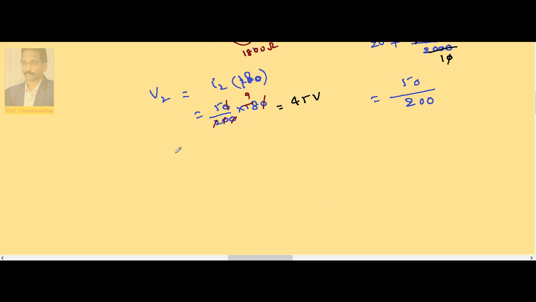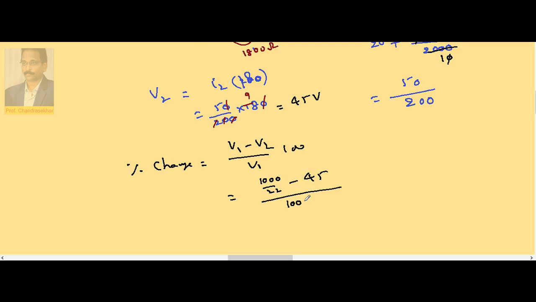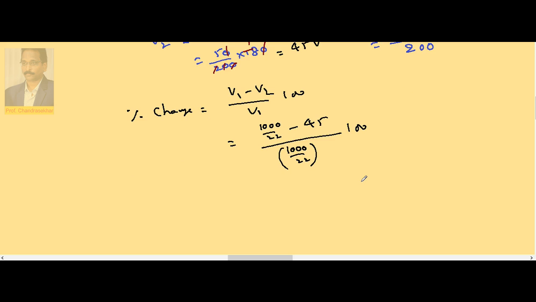Now what is the percentage change? V1 minus V2 by V1 into 100. So it is 1000 divided by 22, that is the V1 actual expected, minus 45, divided by 1000 by 22, into 100. So if I simplify this one, LCM is 22, 1000 minus 45 into 22.